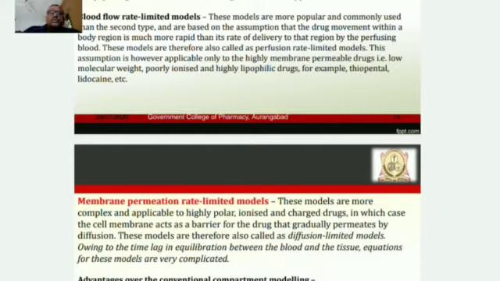But the drug showing the characteristics of low molecular weight, poorly ionized and highly lipophilic, such type of drug, this is applicable for highly membrane permeable drugs which show these characteristics. Examples are thiopental and lidocaine.